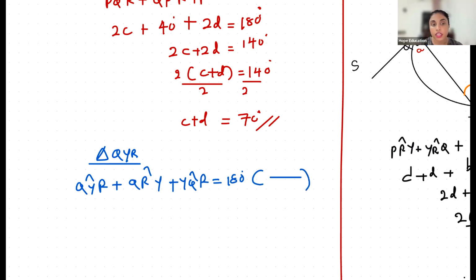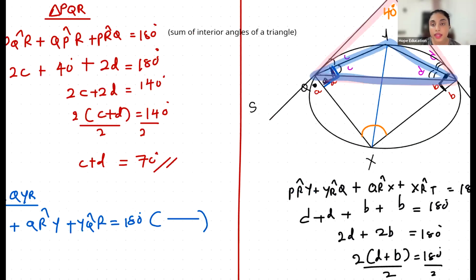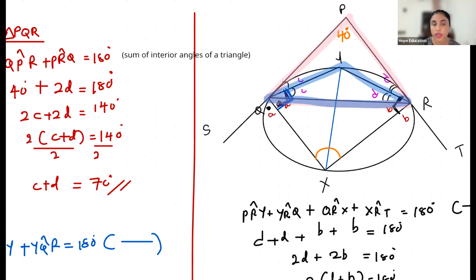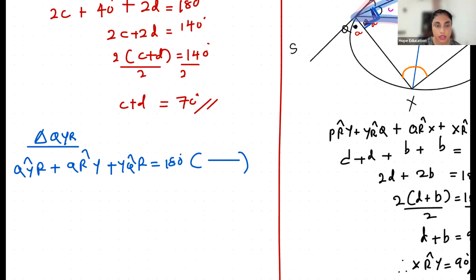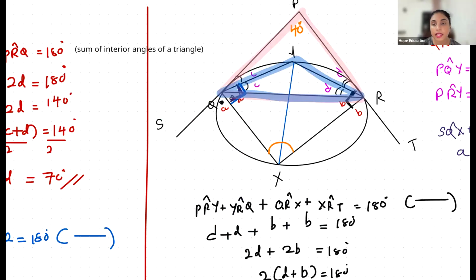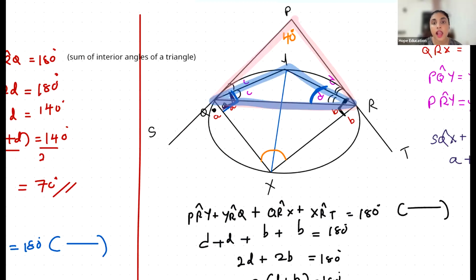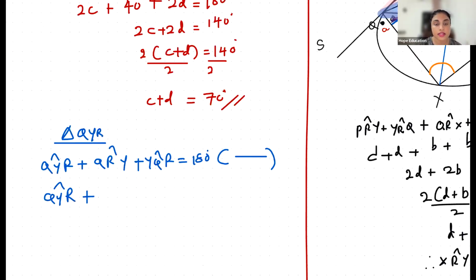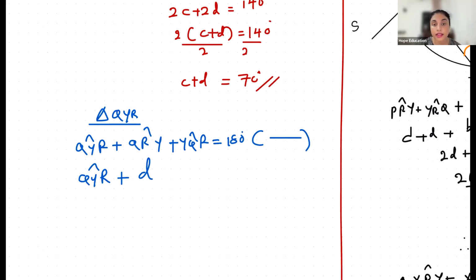QYR, we do not know it, so I will leave it as it is. QRY is this angle, that is D. Then RQY is C. So this is D, this is C, equals 180.